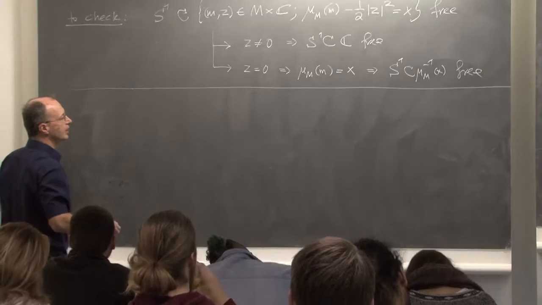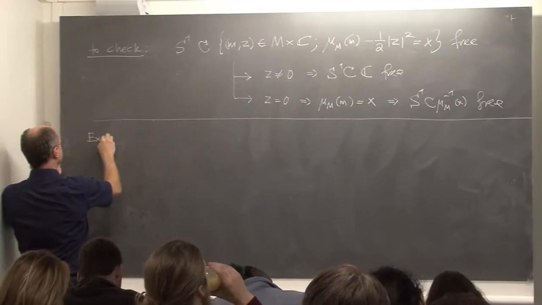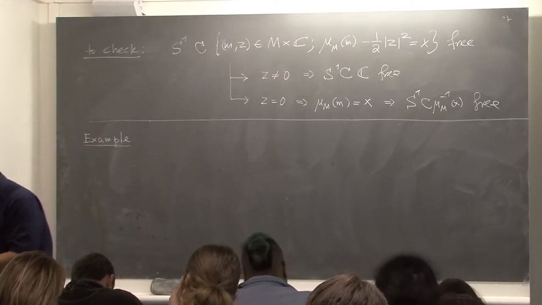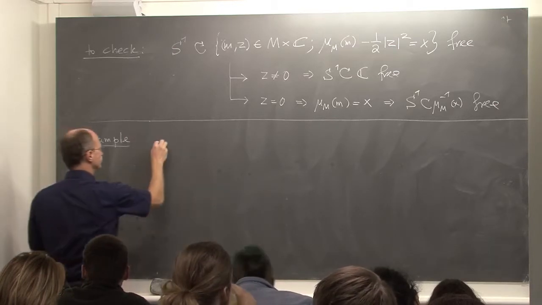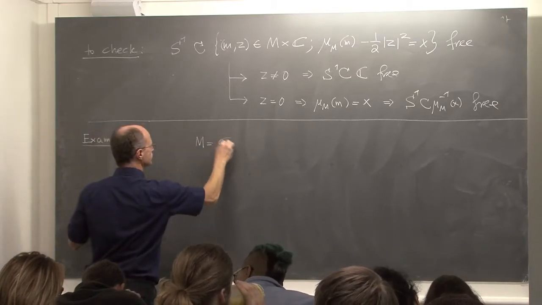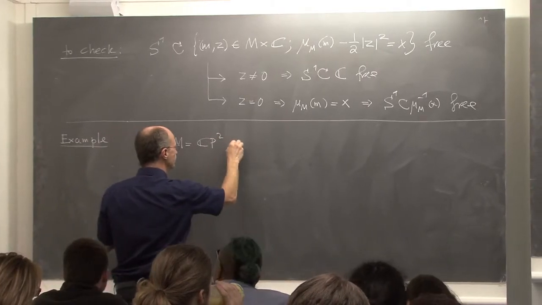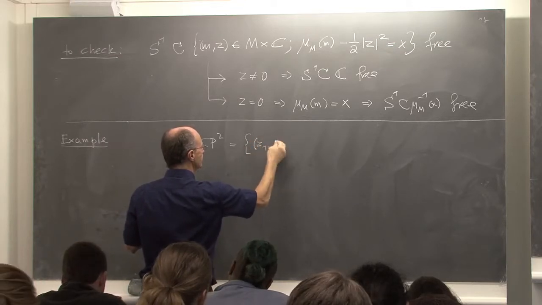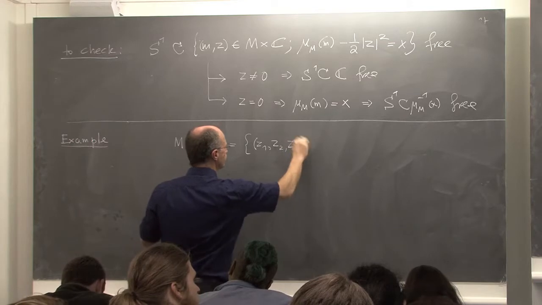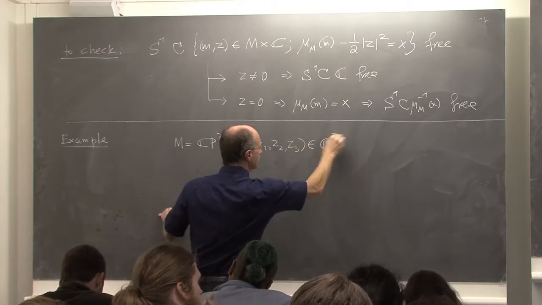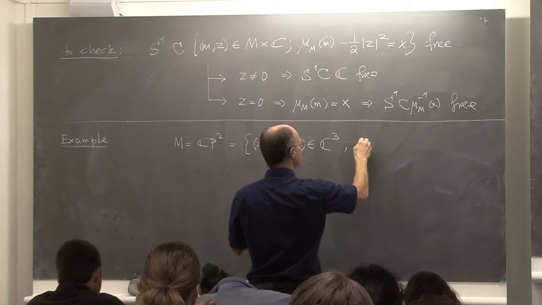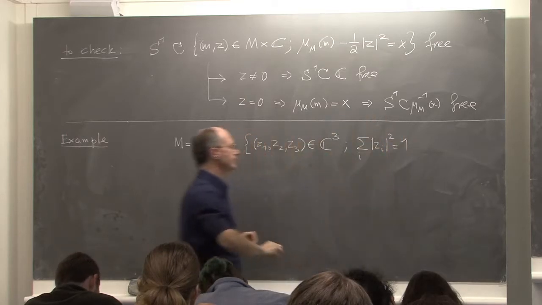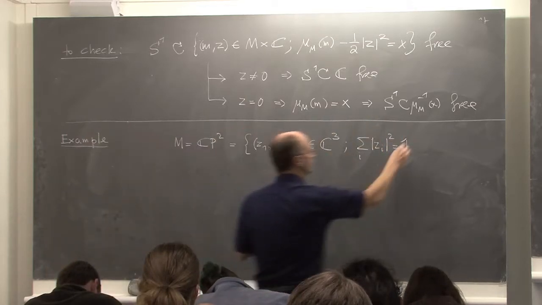Well, let me give an example of this construction. Recall that last time we were looking at CP2. We were thinking of CP2 in the following way: these are points of C3 such that the sum of squares of absolute values is equal to 1.